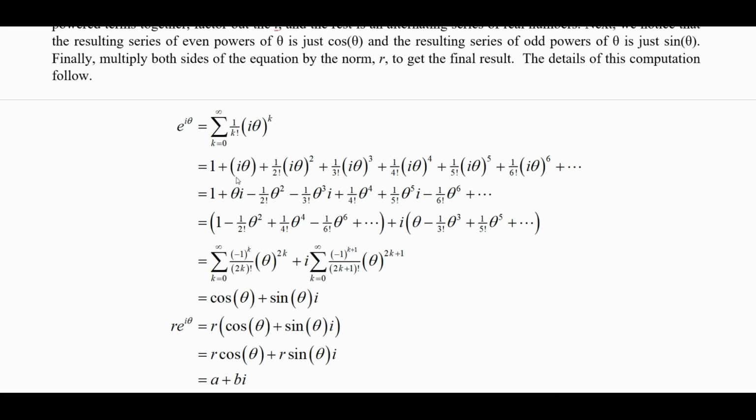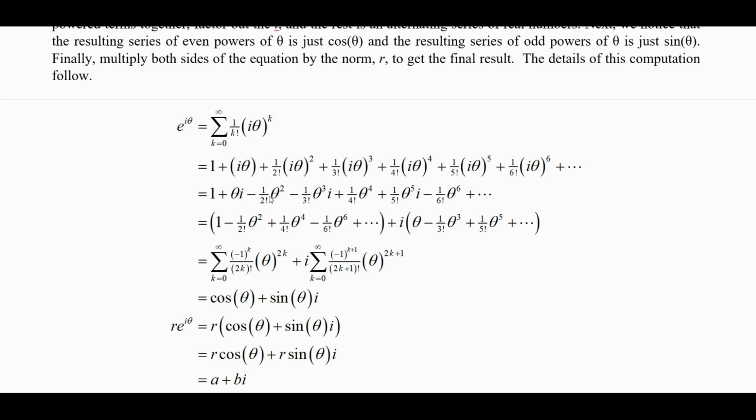And so what happens depends on what the power is. If the power is congruent to 0 mod 4, the i to that power is just 1, so it basically goes away, and notice that's a real part. If k is even but not a multiple of 4, congruent to 2 mod 4, then you get an i squared, which is negative 1.